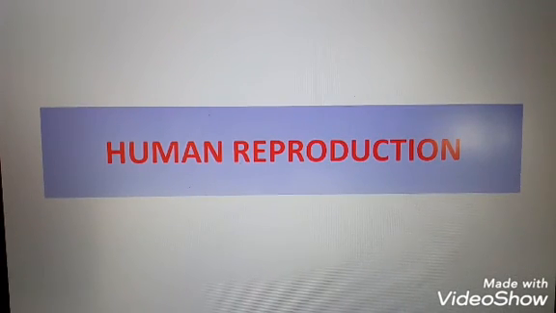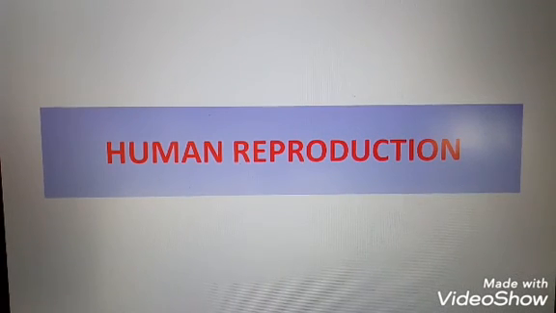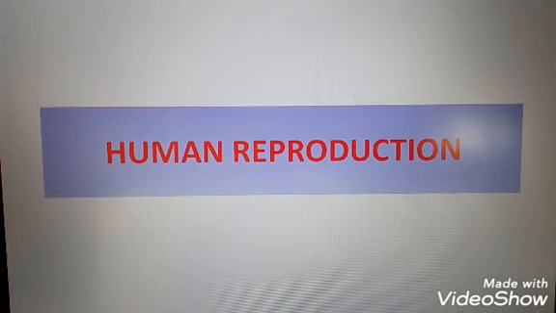Next question: the first half of the menstrual cycle is called the proliferative phase as well as the follicular phase. Explain the reason. During the first half of the menstrual cycle, the primary follicles in the ovary grow to become a fully mature Graafian follicle, and simultaneously the endometrium of the uterus regenerates through proliferation.